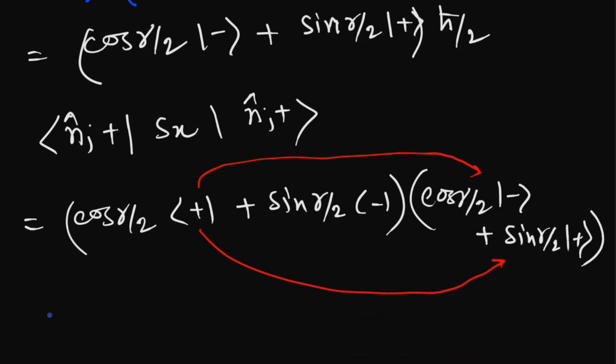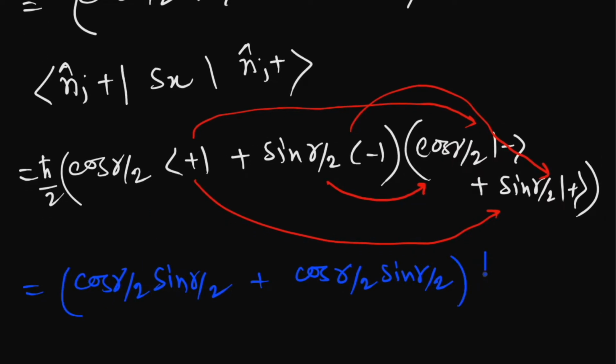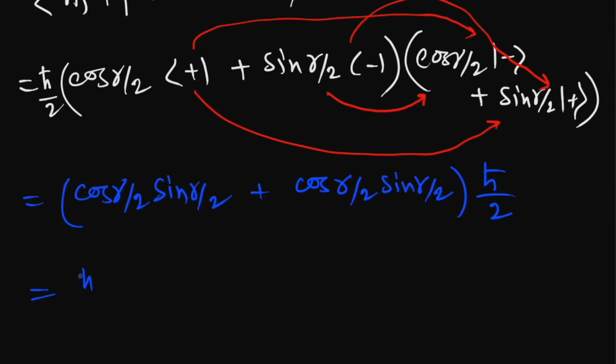That means from the first term we will get cos gamma by 2 sin gamma by 2, and similarly these two terms will give 1 and these two terms will give 0. That means we will get plus cos gamma by 2 sin gamma by 2, and there is an h cut by 2, so it will become h cut by 2 into 2 cos gamma by 2 into sin gamma by 2, that means sin gamma.